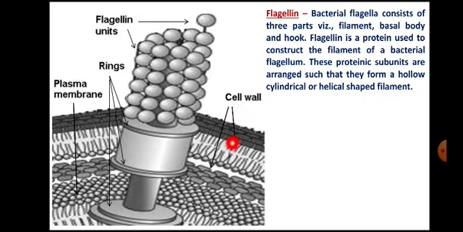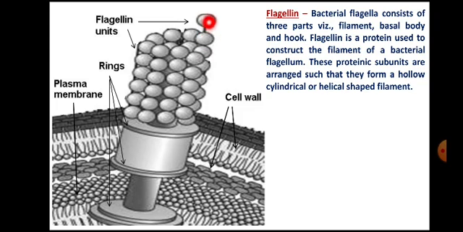This is the cell wall of the bacterium, and this is the plasma membrane at the bottom. Then this is the flagellum. This is the basal body, which consists of rings. Then there is a hook, and then this is the filament.